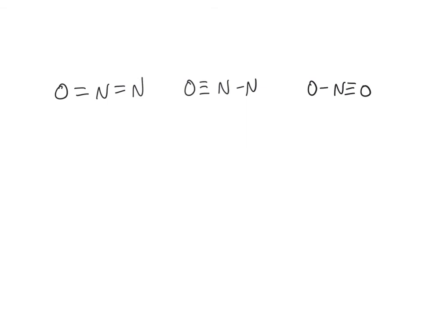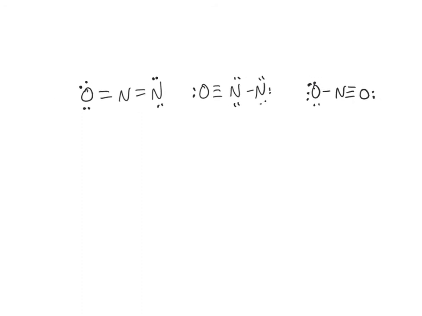So let me put in the lone pairs. Okay, like that. I'm going to show you here the circle method. If you draw a circle halfway through the double bond, what you want to do is take the 6 valence electrons, 6 just by itself, and subtract the number of electrons that are in the circle.